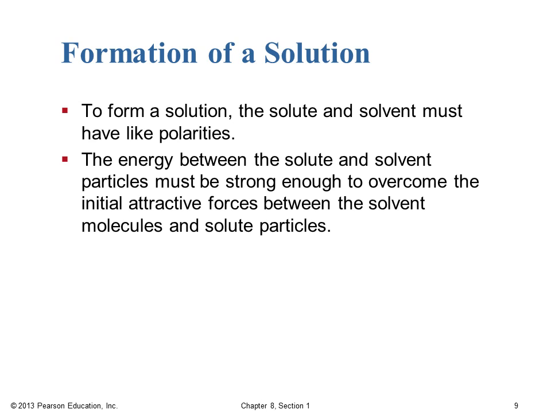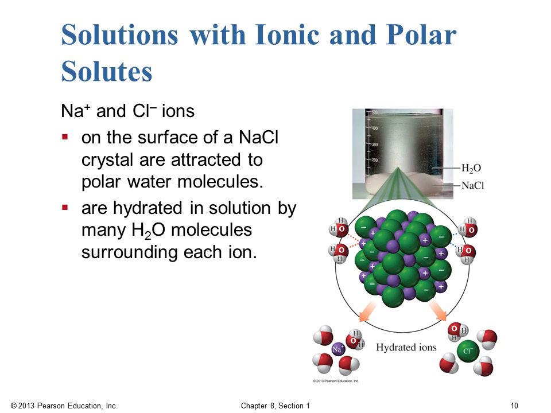We want to mix polar solutes with polar solvents, so that they are of like polarities. So we can also have ionic and polar solutes with solvents, and so ionic compounds can and will mix with polar solvents.